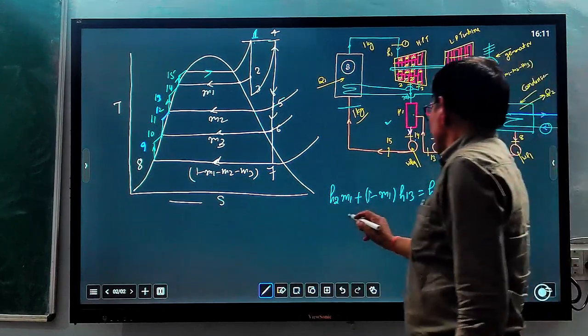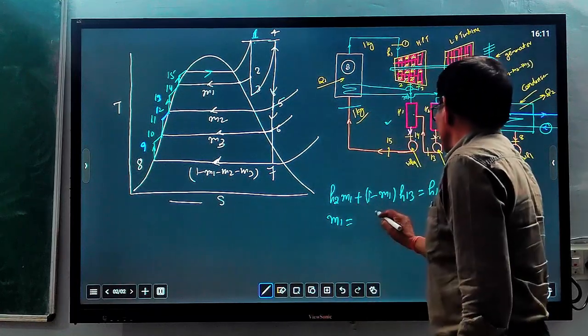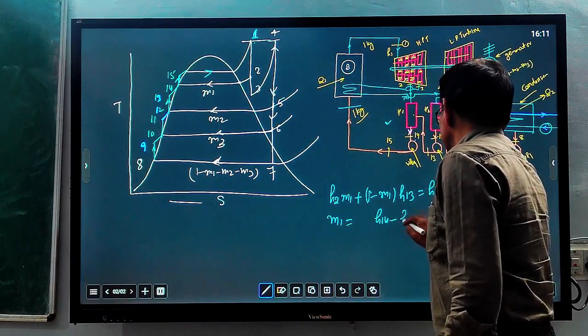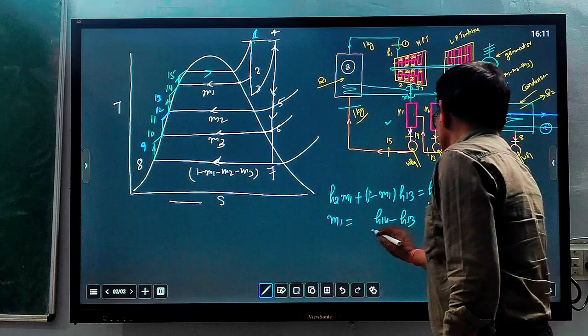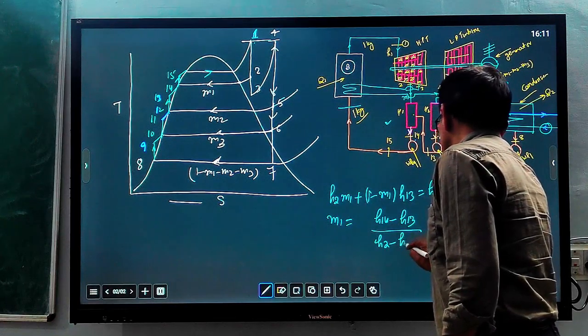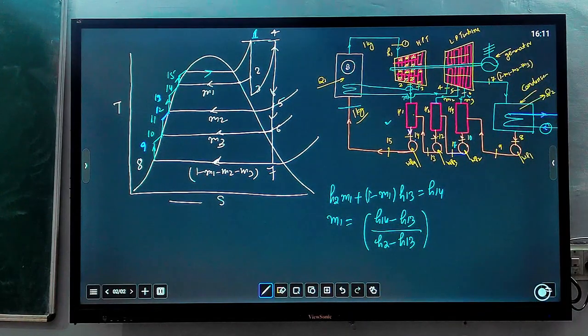So now you can calculate M1 using this equation: M1 equals (H14 minus H13) upon (H2 minus H13). This is the simplest way of finding the mass M1.